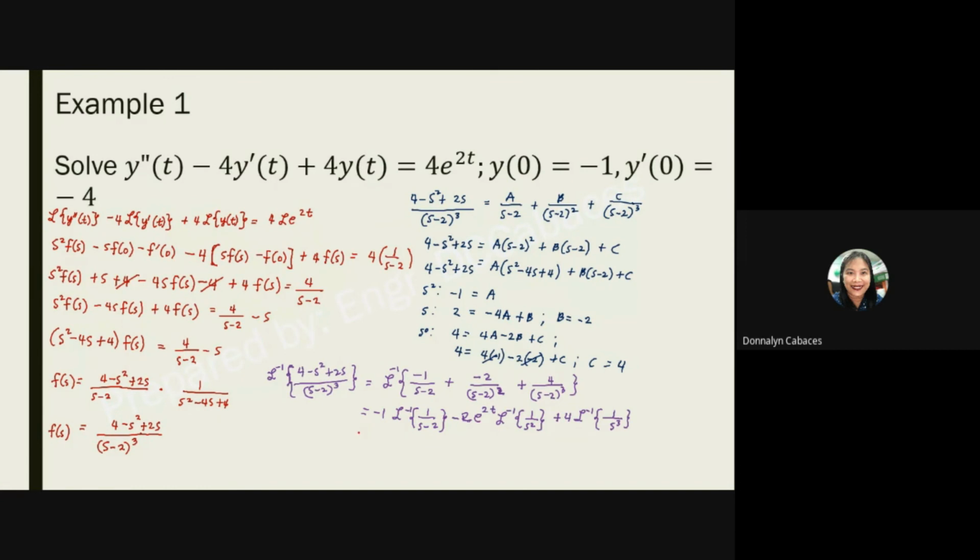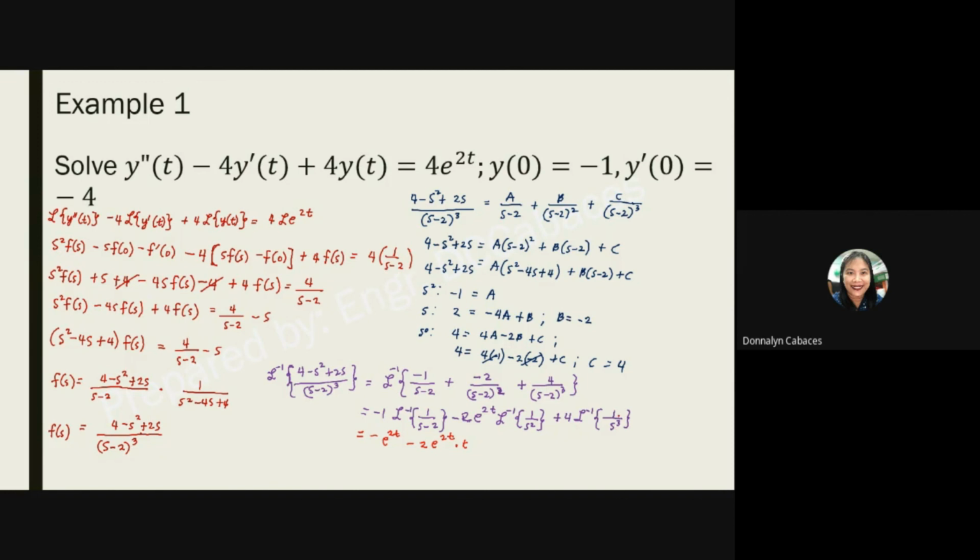So this would be now equal to negative, what is the inverse of 1 over s minus 2? That is simply e to the 2t. Minus 2 e to the 2t. What is now the inverse of 1 over s squared? That is t. Okay, so that is minus 2 e to the 2t times t.